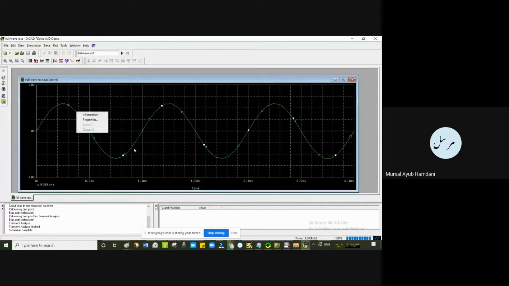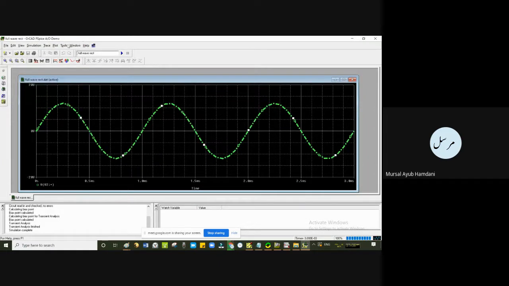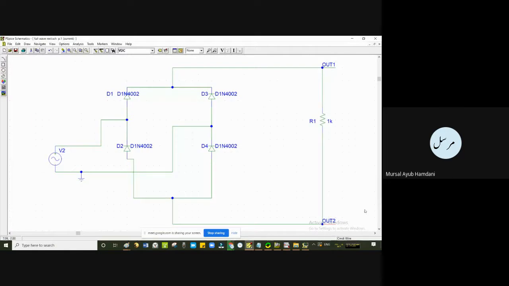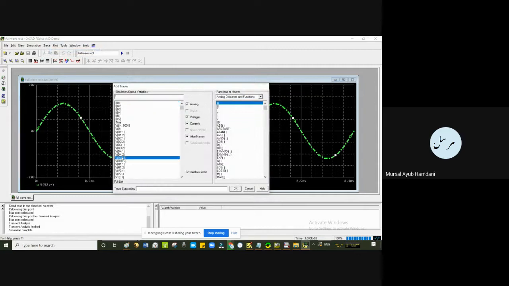We need to check it for this bigger properties. Now trace Vout1 minus Vout2. You see here the trace expression Vout1 minus Vout2.